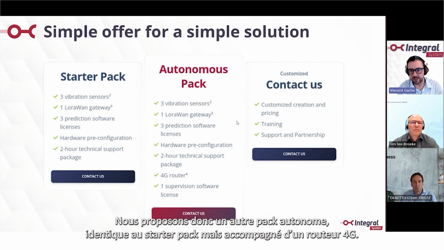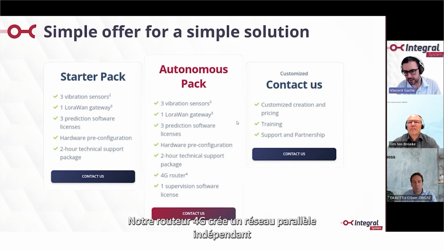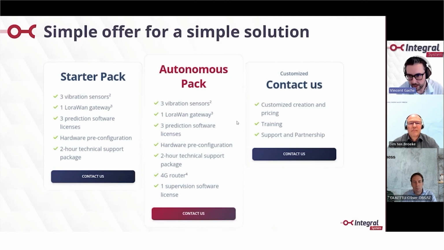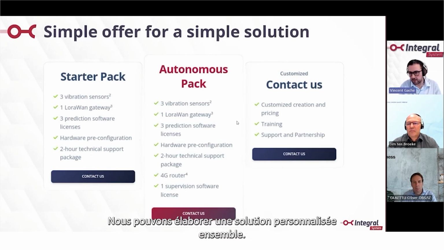So we bring the autonomous pack, which is basically the same with a 4G router, and so you don't connect the solution to the OT network. It's a side network, and because it's a wireless network, it's not an invasive one. And of course, if you have a dedicated project, let's talk about that.